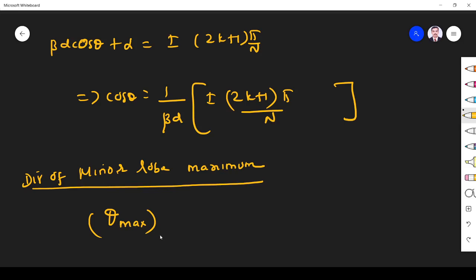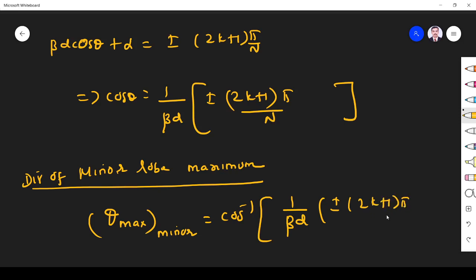So the maximum value of theta for minor lobe is given by this: I bring this side, cos inverse 1 by beta d, plus or minus (2k plus 1) pi by n, right?